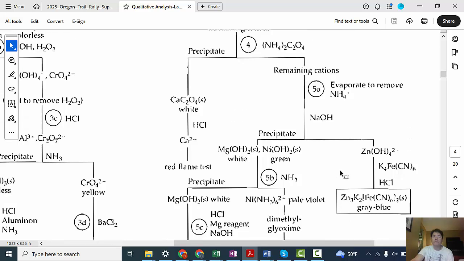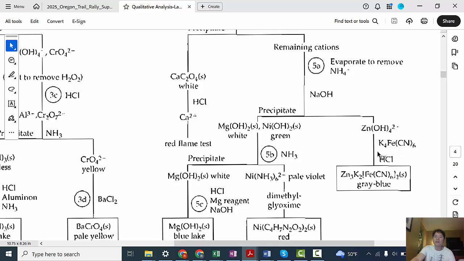Okay, let's go back and take a look at the remaining species here. The remaining one would be zinc. And so we did the excess hydroxide. We got the zinc to dissolve. And we formed the tetrahydroxozincate 2 ion. And then we add the potassium hexacyanoferrate 2 and the hydrochloric acid.